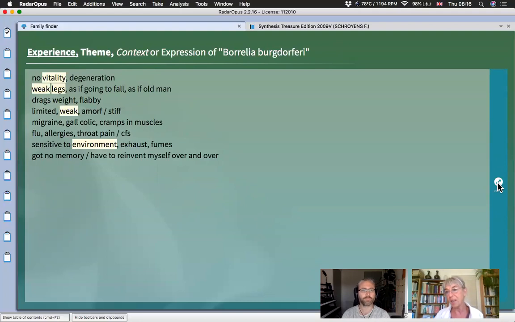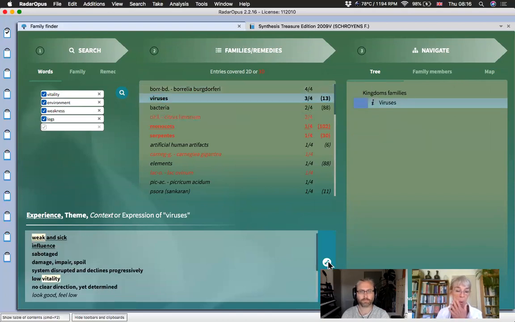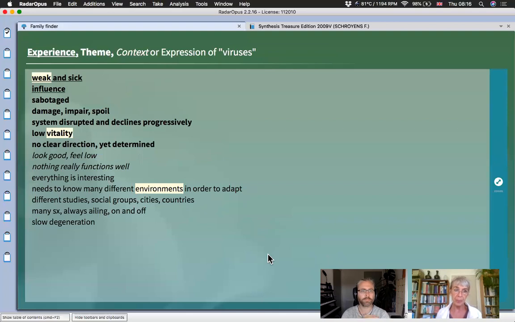So that's nice. Then you can have, of course, a differential diagnosis with viruses. What about the viruses? Should I consider those? There, the weakness, and this weak and sick seems to be the most important since it is underlined. So that's the experience: I'm weak and I'm sick. Have a low vitality, so that would be the same.